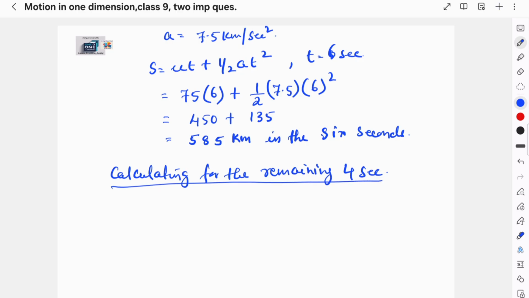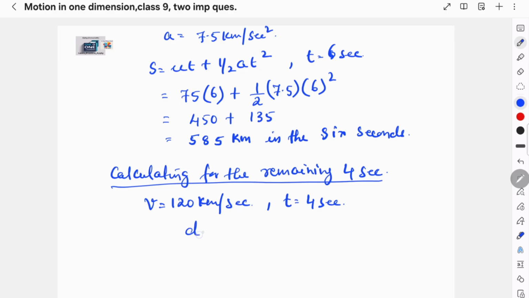So after 6 seconds the firing had stopped. So now the aircraft was traveling at a constant velocity of 120 km per second and the time duration for which it traveled was 4 seconds.